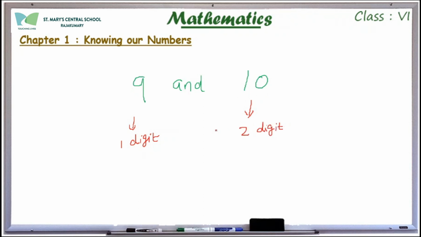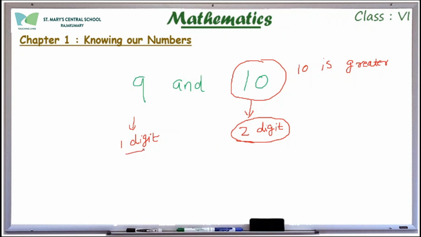So which is greater? Here 10 is greater. Because the number of digits are higher. So the number of digits here is 2 and here is 1. So the number of digits is higher in 10. So 10 is greater.